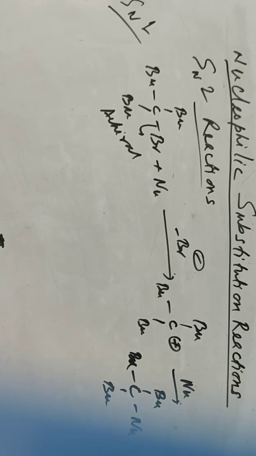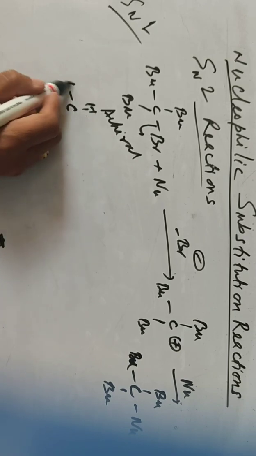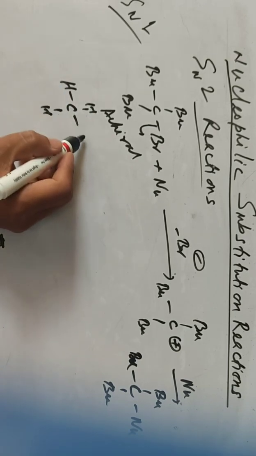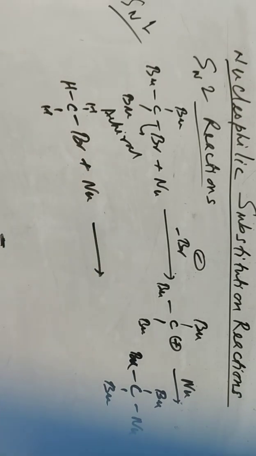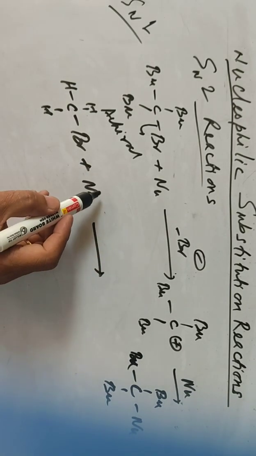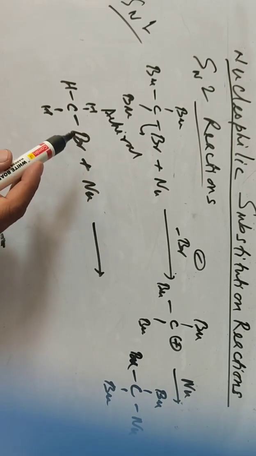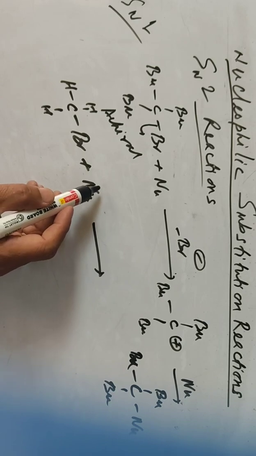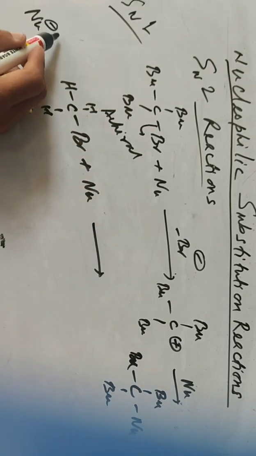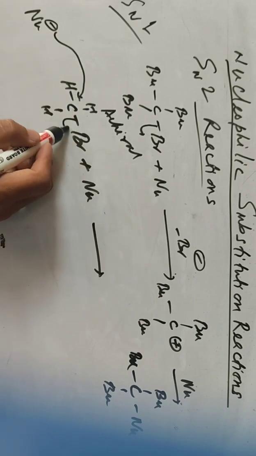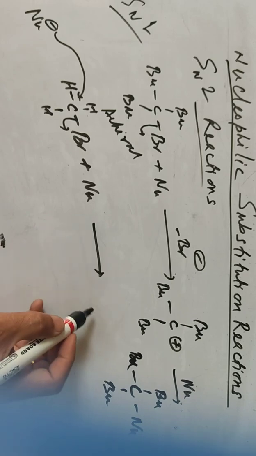Let's discuss another one. Suppose no bulky groups are here, all are hydrogen, with bromide and a nucleophile. In this case the nucleophile cannot attack from the front side because of the bulky bromide group, but it can attack from the back side. So the leaving group leaves like this, and the reaction takes place simultaneously in a concerted mechanism.